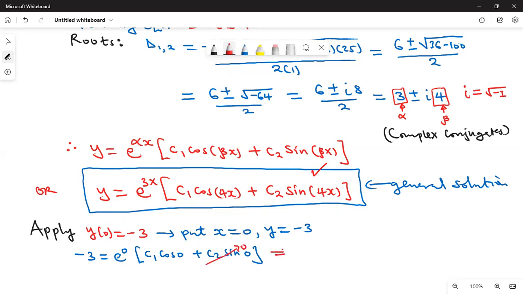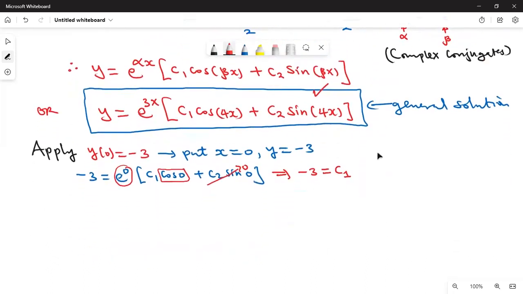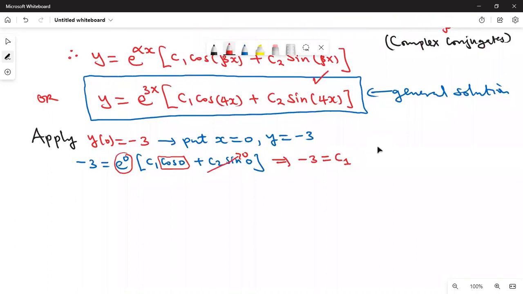So this simply means that -3 is equal to c1, because cosine of 0 is 1 and exponential 0 is also 1. So c1 is equal to -3. Now we have found c1.